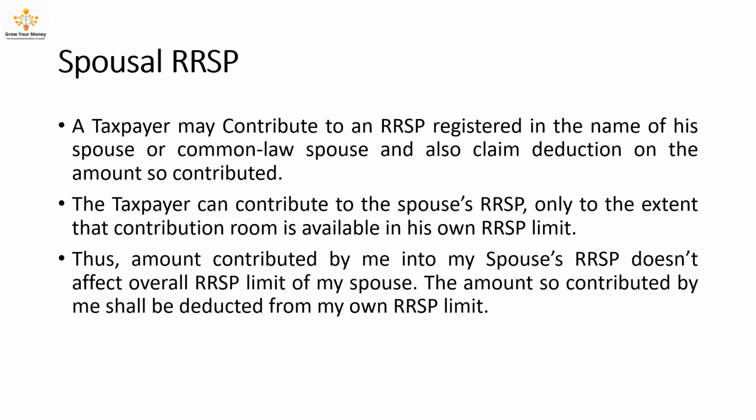The taxpayer can contribute to the spousal RRSP only to the extent that contribution room is available in his own RRSP limit. The amount contributed by me into my spouse's RRSP doesn't affect the overall RRSP limit of my spouse. The amount so contributed by me shall be deducted from my own RRSP limit.